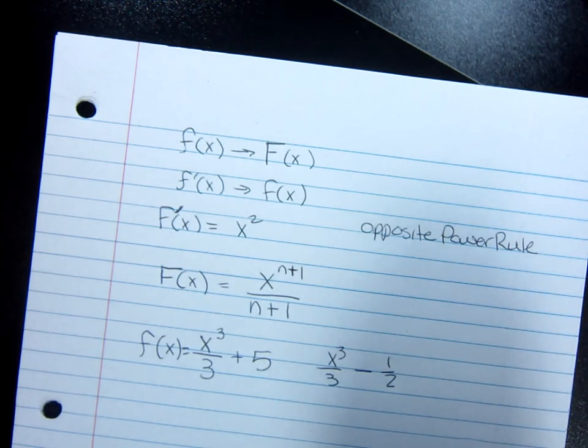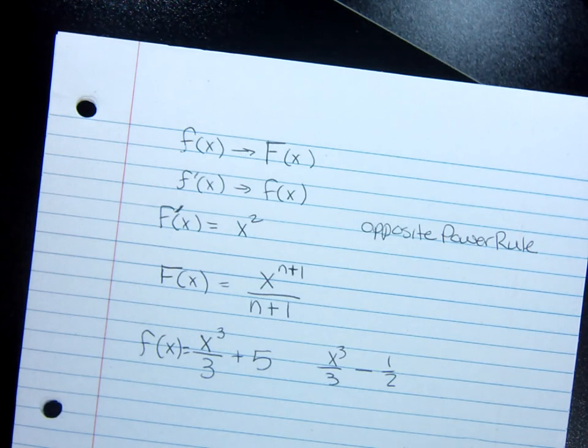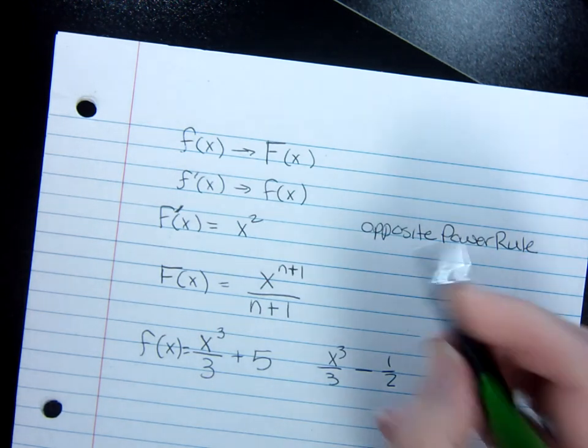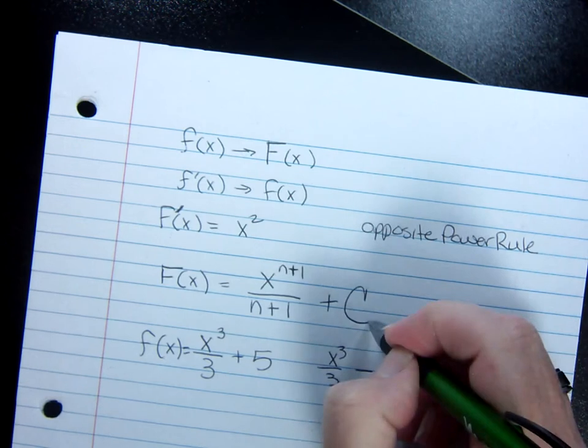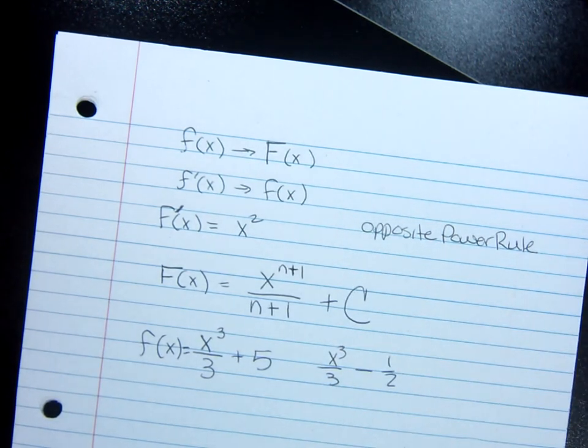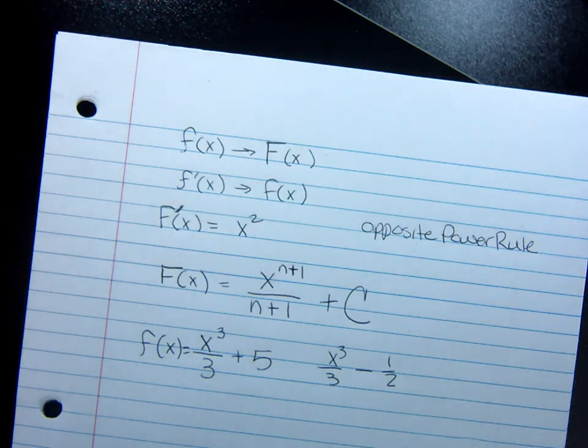So how do I know what constant value I'm adding on? Well, we simply put a c on the end here for constant. And that indicates that we know that there could be a constant there. Sometimes we will solve for what that constant may be given some other information. And sometimes we will just leave it plus c.